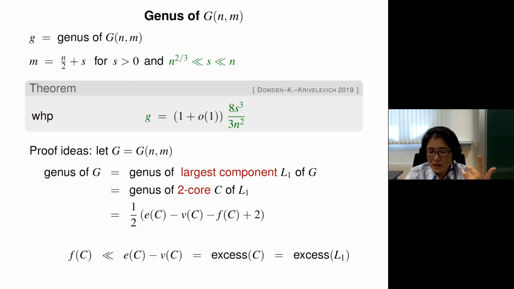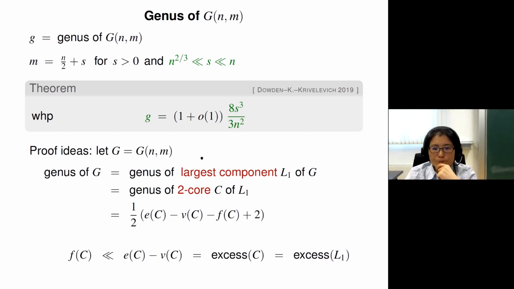Because one can also show that the fragment of a weakly supercritical random graph is also planar with high probability. Because of the symmetry rule, once again, the fragment consists either of tree components or unicyclic components. Therefore, it is with high probability planar, and therefore the first equality holds with high probability.